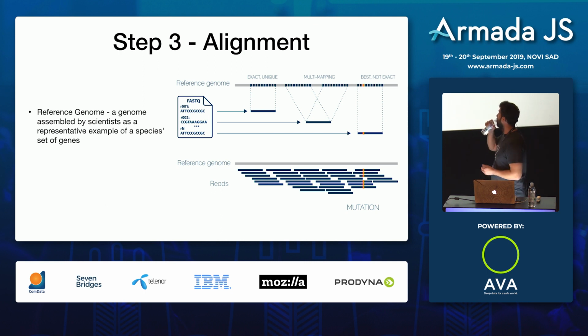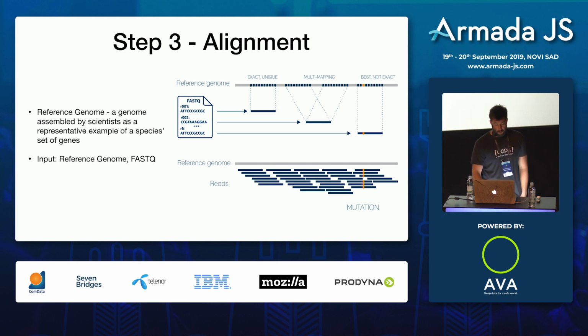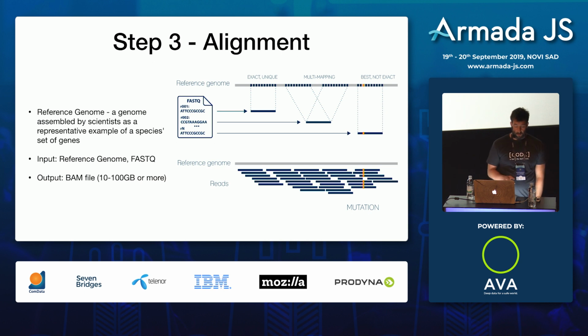So what's a mutation now? A mutation is literally a change of a letter. Let's say it should be C there, and now we have a G, for example. Input is the reference genome and the FASTQ file, and the output is a BAM file of around 10 to 100 gigabytes or more. A BAM file is basically these reads from the FASTQ file but aligned.